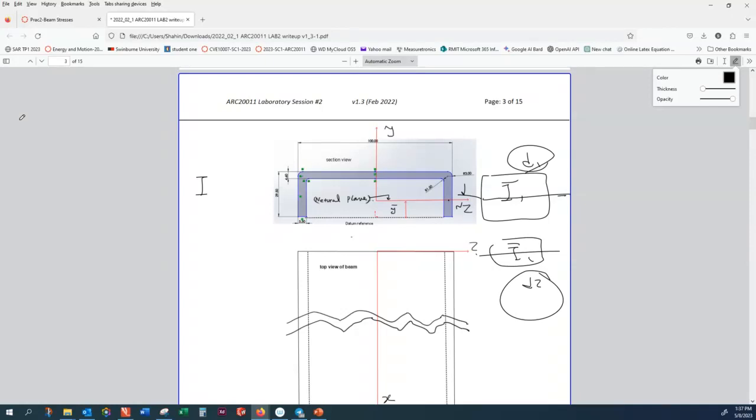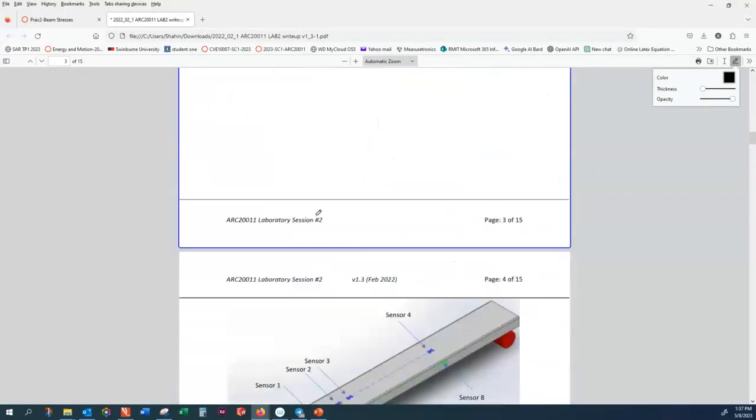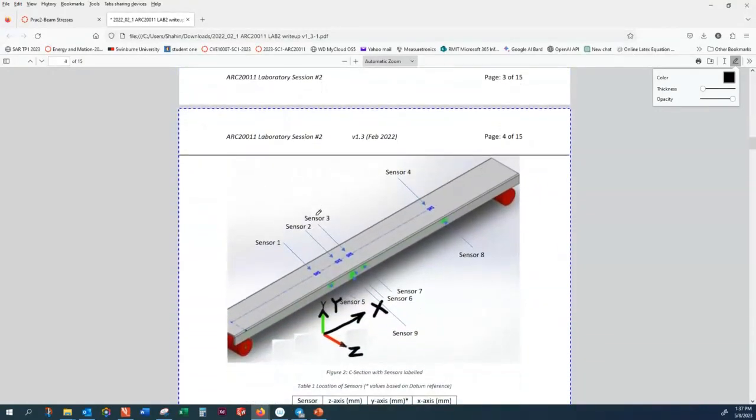With the parallel axis theorem, the first task is you find the I. I believe everyone can find the I. The next part is I have given you the position of these sensors: 1, 2, 3, 4, 5, 6, 7, 8, right?